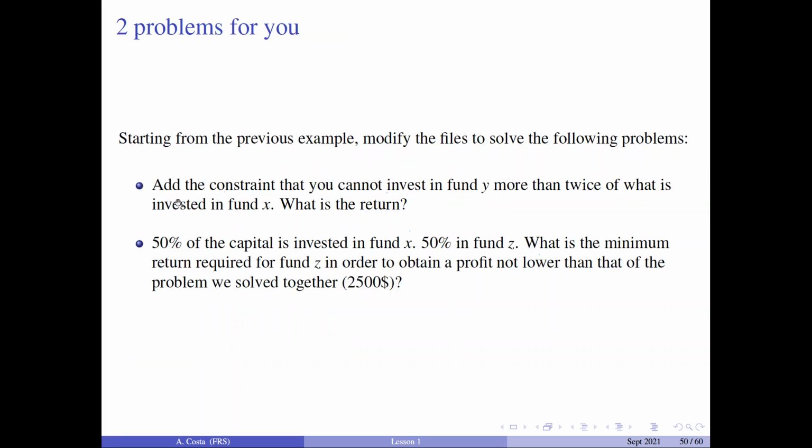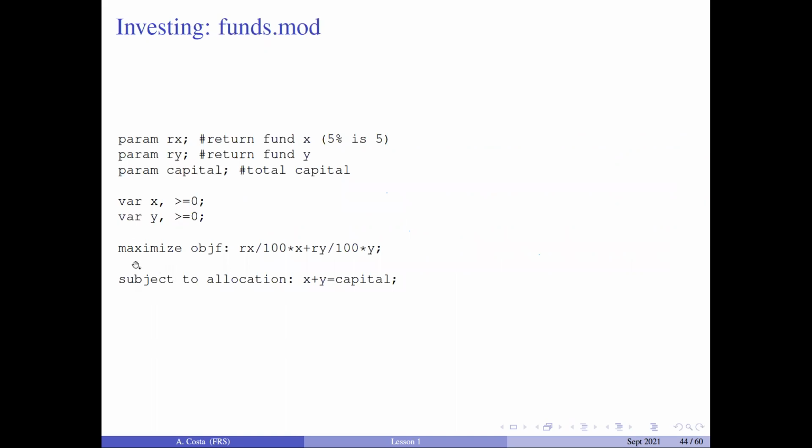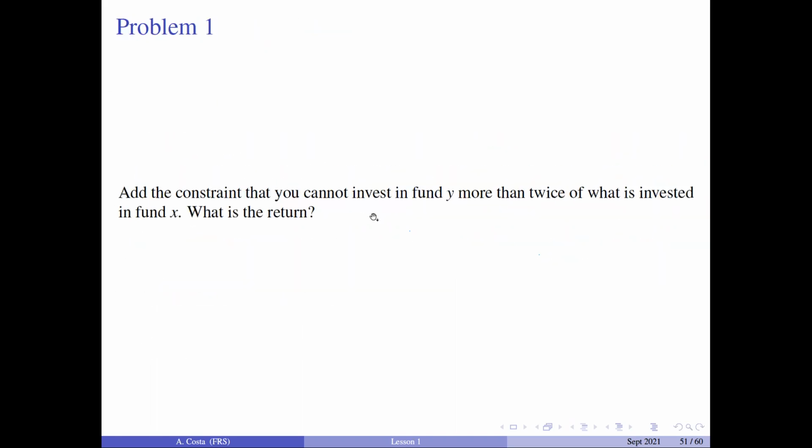Number one: imagine that there is a new constraint on the problem, that you cannot invest in fund Y more than twice of what is invested in fund X. I want to know what the return is if you solve the problem that you've seen before with this additional constraint. So what do you have to do? You have to specify in the model file another subject to, another constraint, representing this condition.